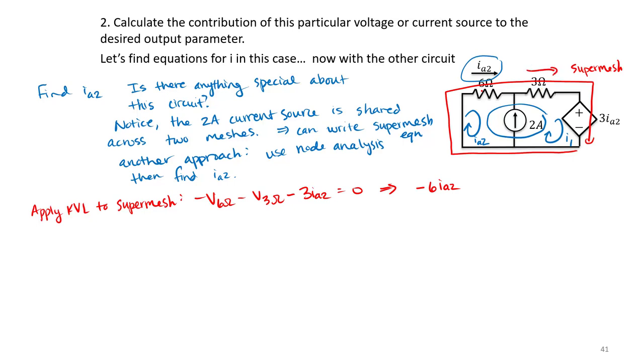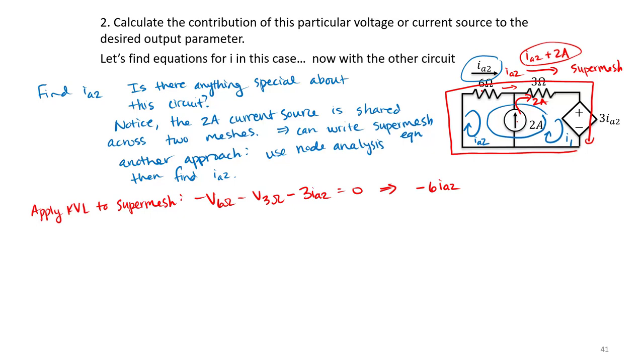Notice the current going through my 3 ohm resistor. Notice I also have this 2 amp source coming in, and I have IA2. So be careful that you correctly determine the current at each point along your supermesh.